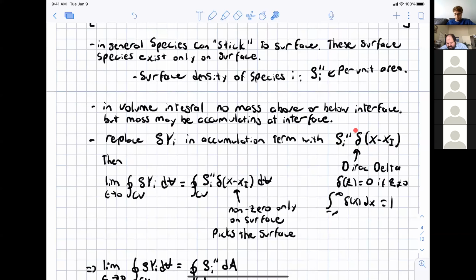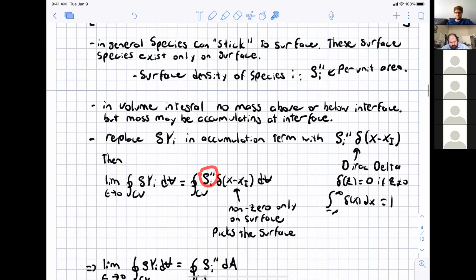In the volume integral of rho y_i, if we substitute rho y double prime times the Dirac delta, this function is non-zero only on the surface.